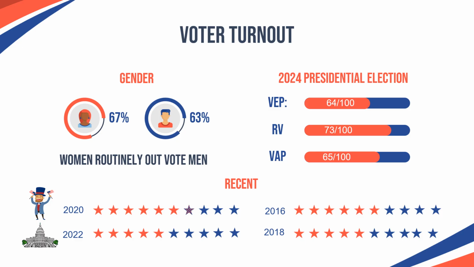You can compare it to the voting age population, the people who are legally old enough to vote, or you can compare it to the population of the people who are registered to vote. But however you calculate it, the short-term trend has been a fairly rapid and impressive spike in voter participation, and scholars debate what's causing that. But how do we stack up to other countries, and what's the long-term trend?